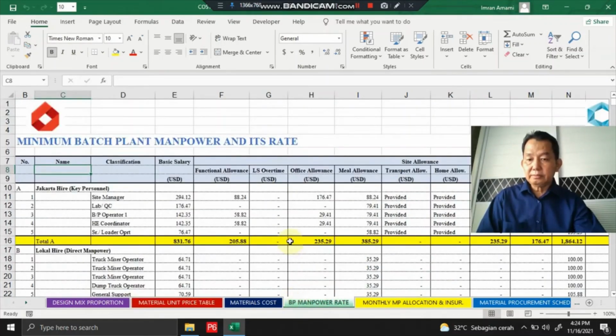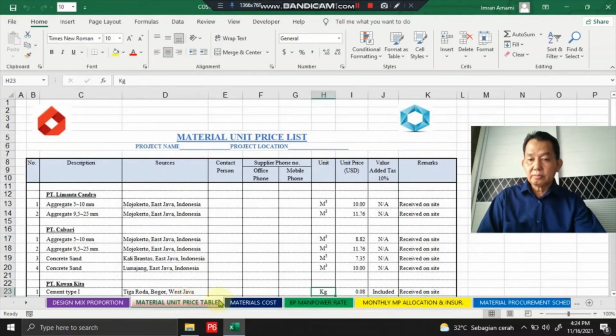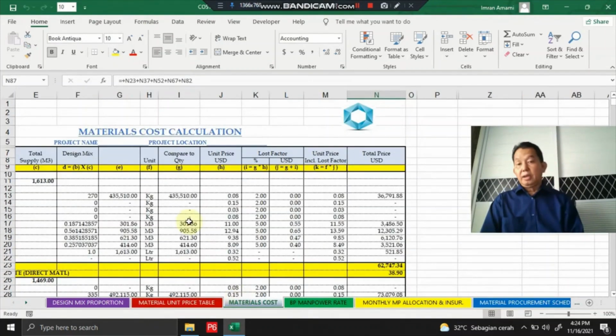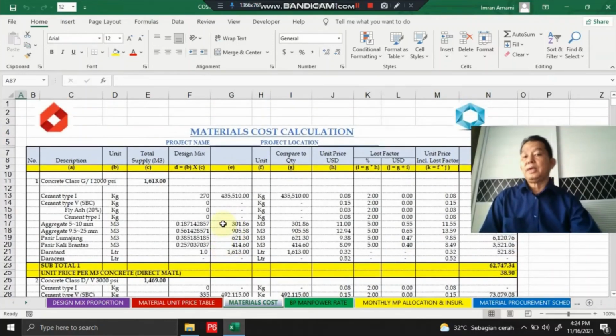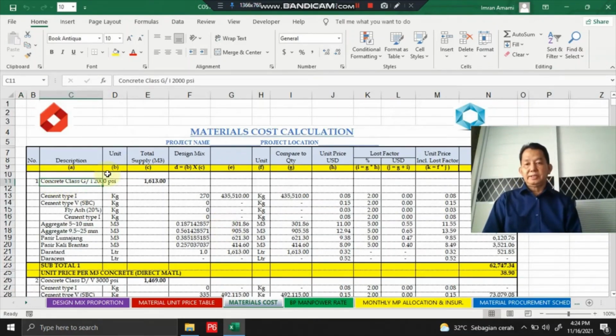And then we make a calculation table for the material cost, as seen on the screen here, for each class of concrete. We have the total supply here for each class.